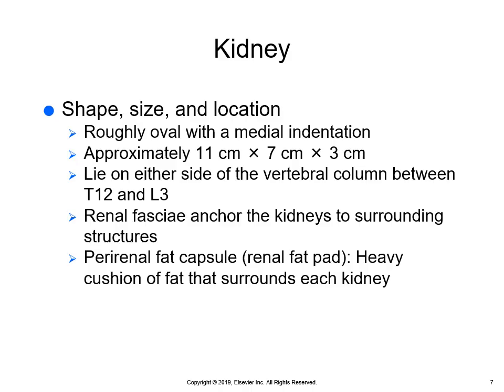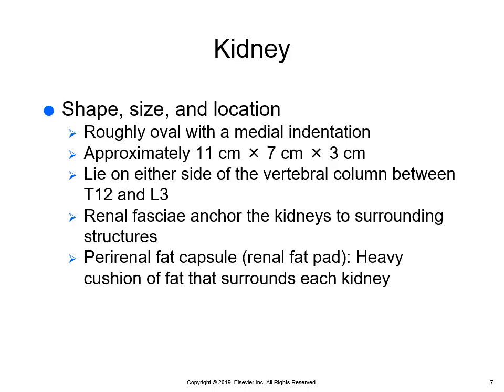This is where the blood vessels and the tubes connect to the kidney. Now, in terms of where the kidneys lie, they sit on either side of our spine between T11 or T12 and the L3 vertebrae. Some people say it can even go down to L4, which is what we saw on the last slide.